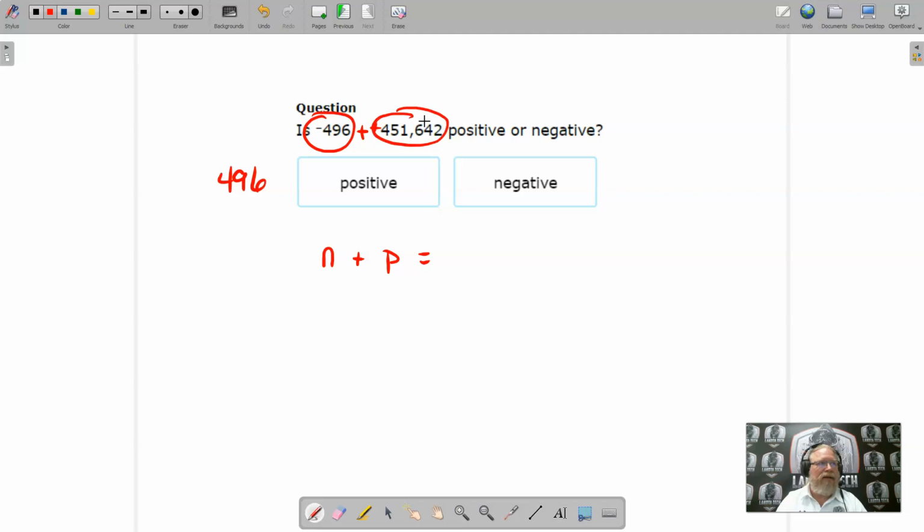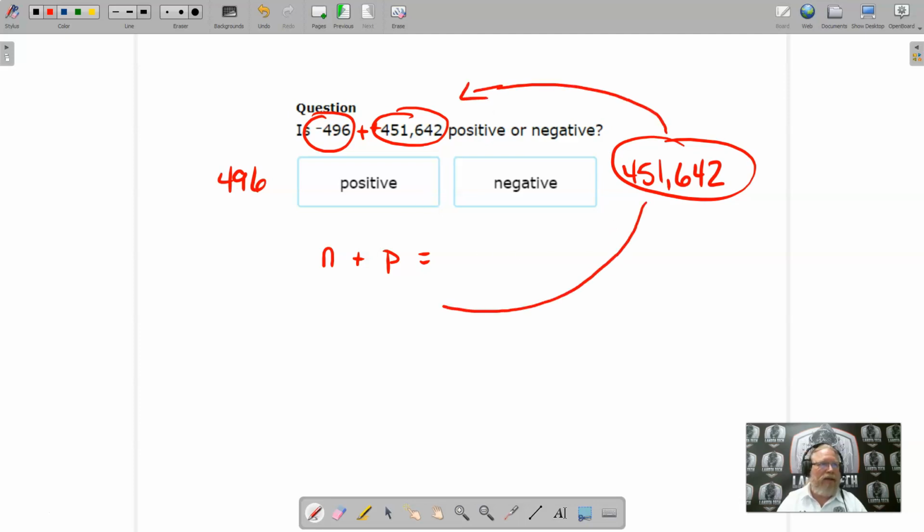The absolute value of this here is going to be 451,642. This value is greater than this value. And we originally got that from a positive number, so in this case, the answer is going to be positive.